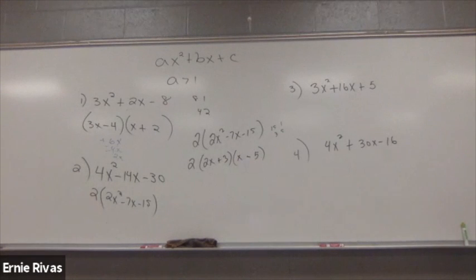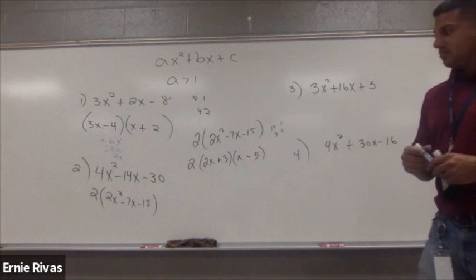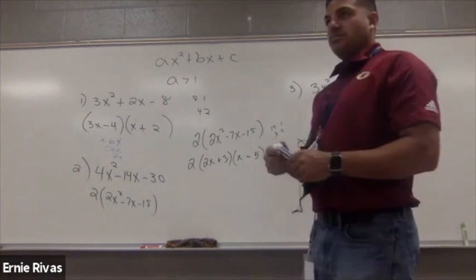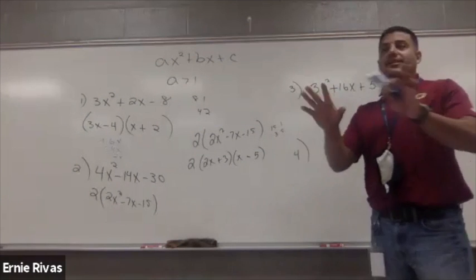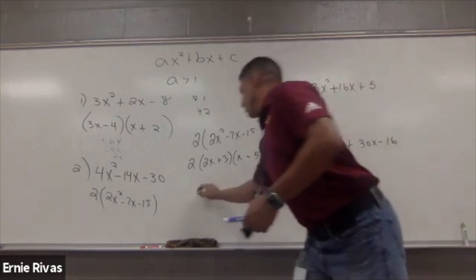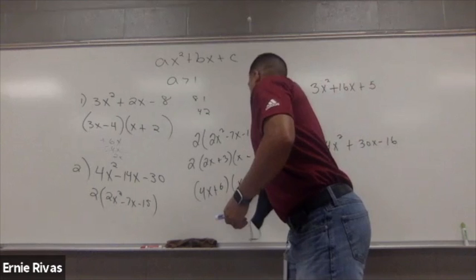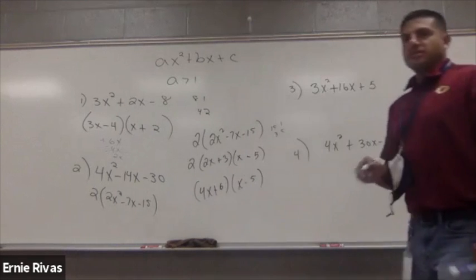Did anyone try to factor from the beginning without pulling out the greatest common factor? I thought I saw some when I walked around. What did you end up with? 4x plus 6, x minus 5. Does that work?